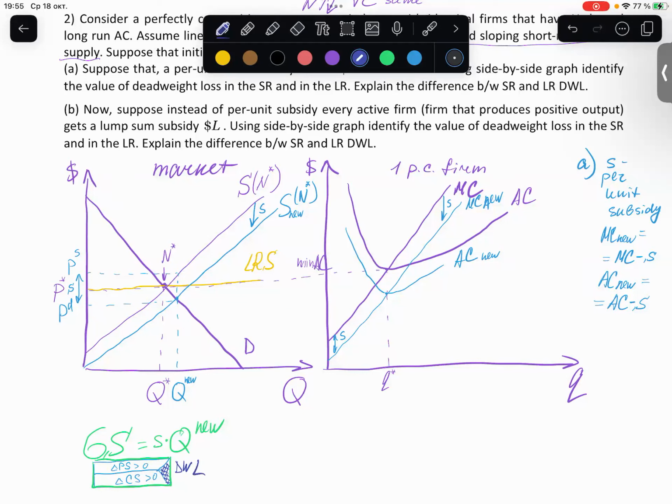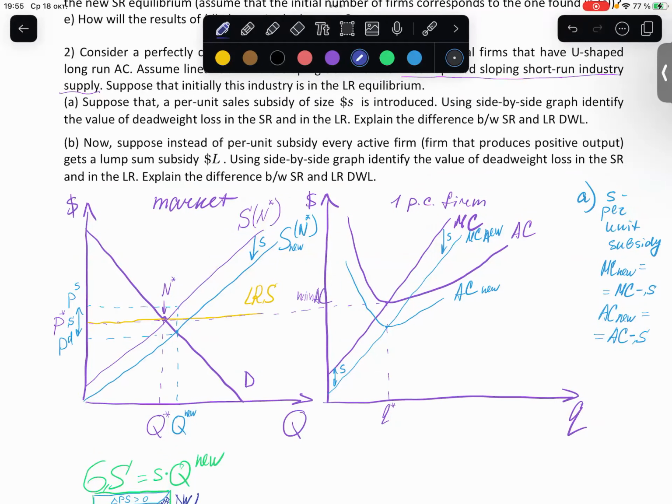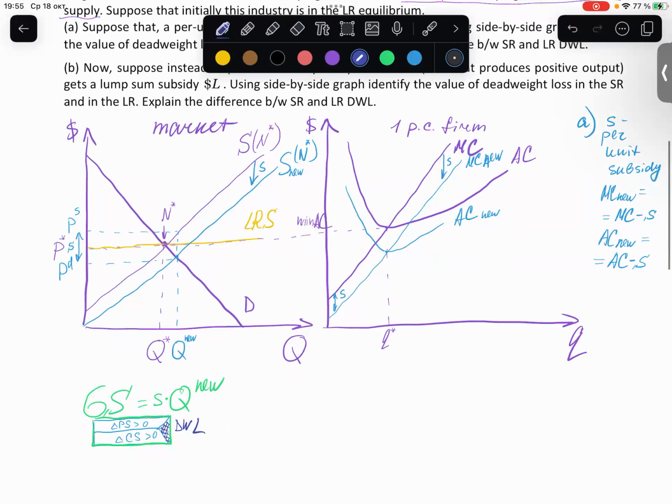So let's continue and consider the long run. So what happens in the long run? The profit of each firm in the short run is now positive because we have such a subsidy.